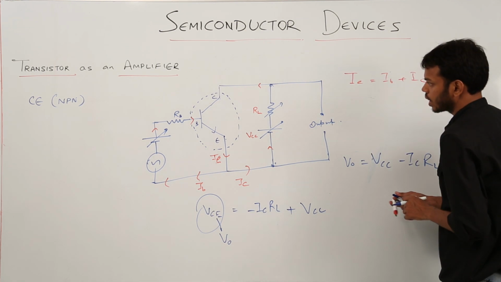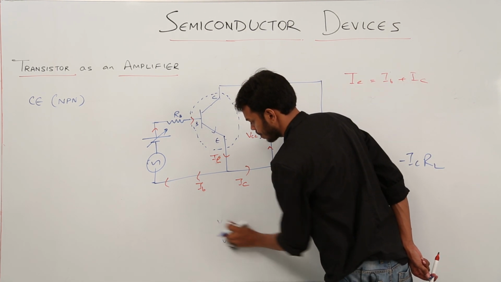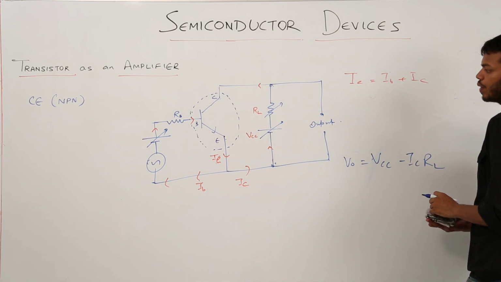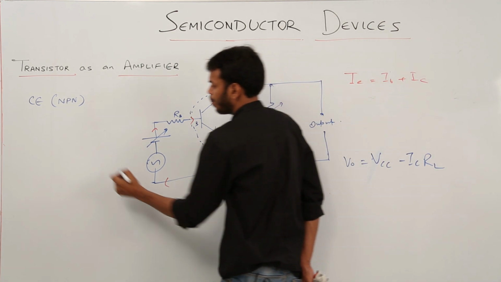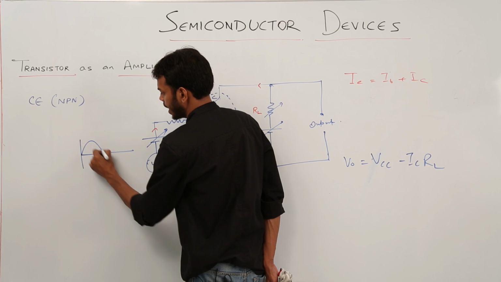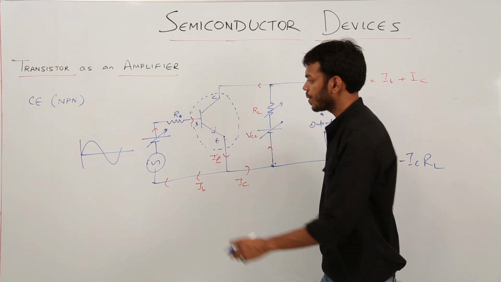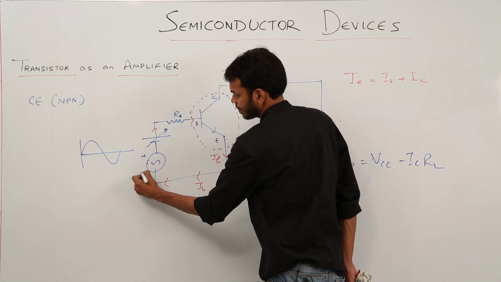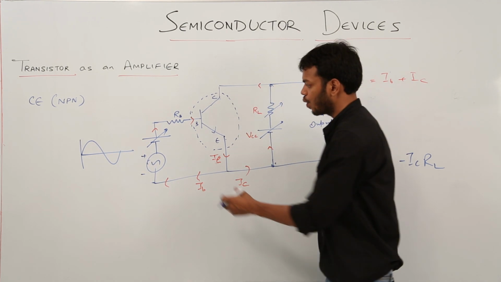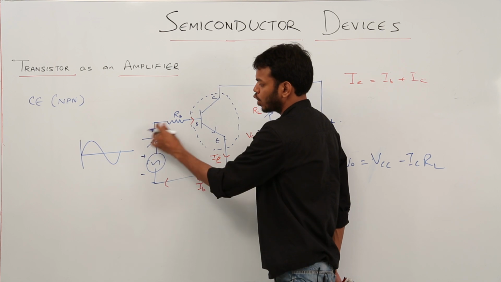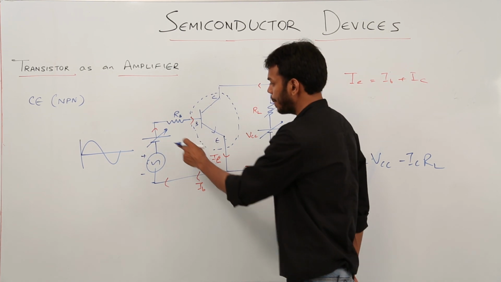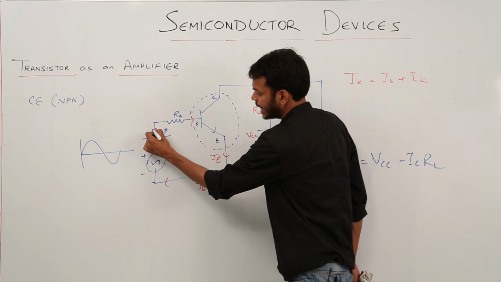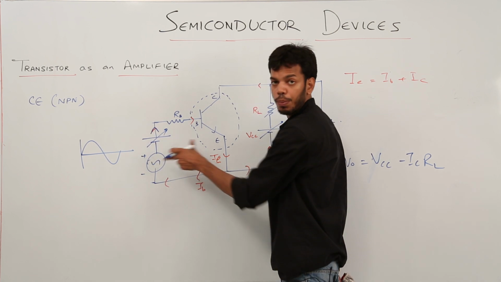Now, how does it work as an amplifier? We are clear with these two equations. During the positive half cycle, suppose this is our input cycle. Current is flowing in the same direction as it was supported by the forward bias voltage of the emitter base. So this current is getting increased due to the supportive voltage.